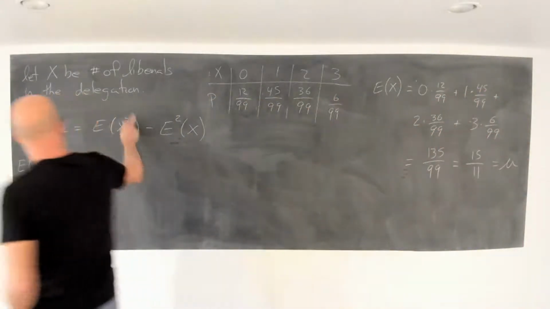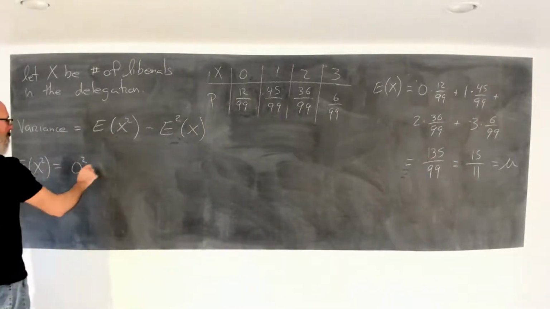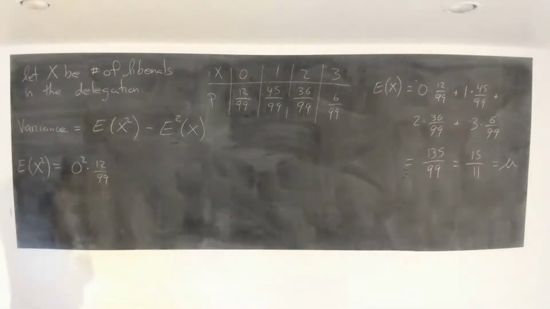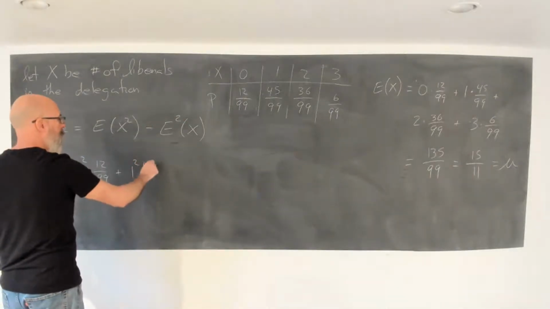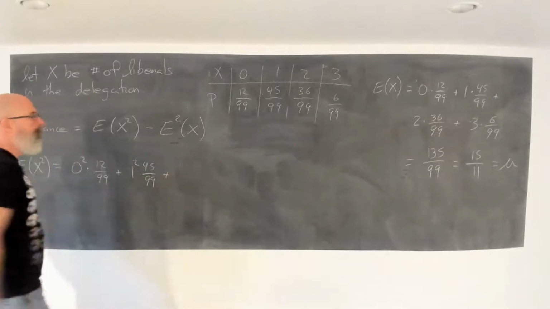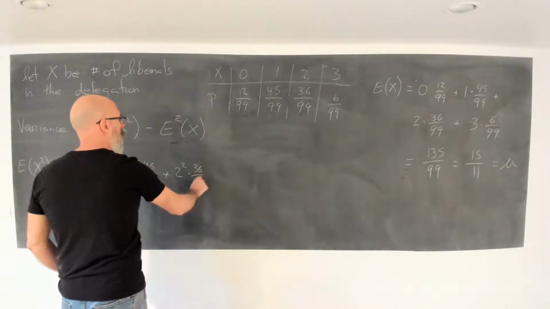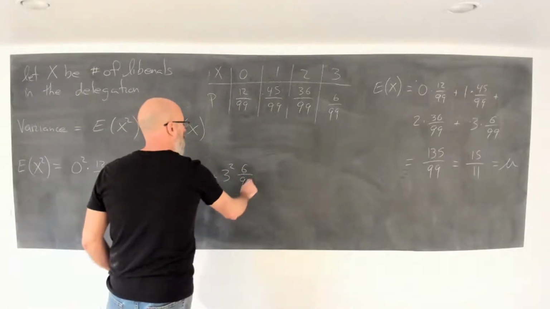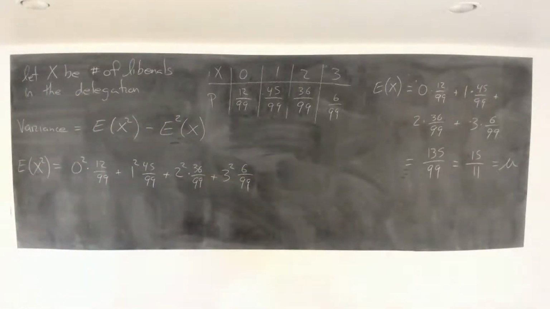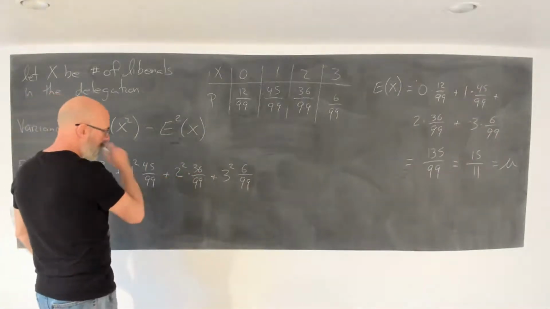All right. I mean, what values does x take on? Well, it could be 0. So 0 squared with probability 12 over 99. Plus 1 squared with probability 45 over 99. Plus 2 squared with probability 36 over 99. And finally, 3 squared with probability 6 over 99. What is that? This is 4 times 36.